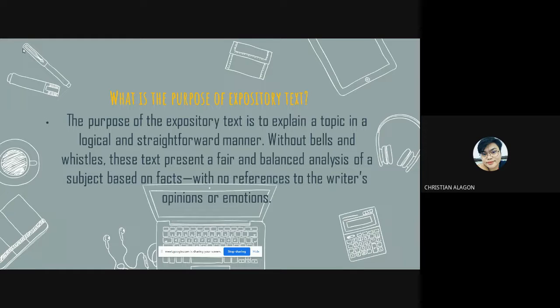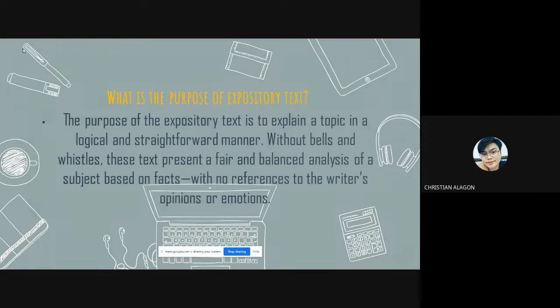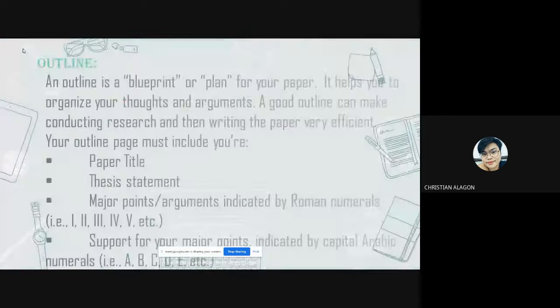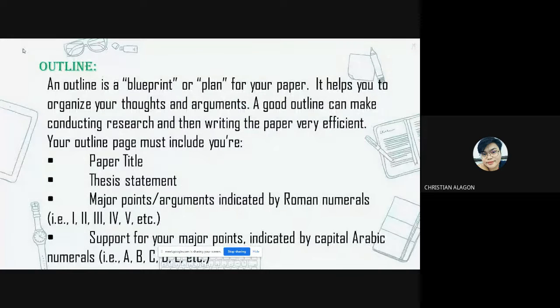As I mentioned earlier, the types of expository text can help you create your outline. An outline is a blueprint or plan for your paper. It helps you to organize your thoughts and arguments.